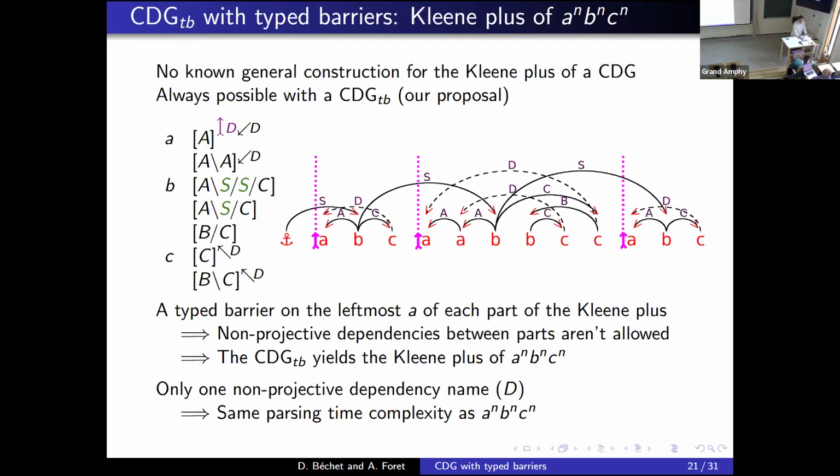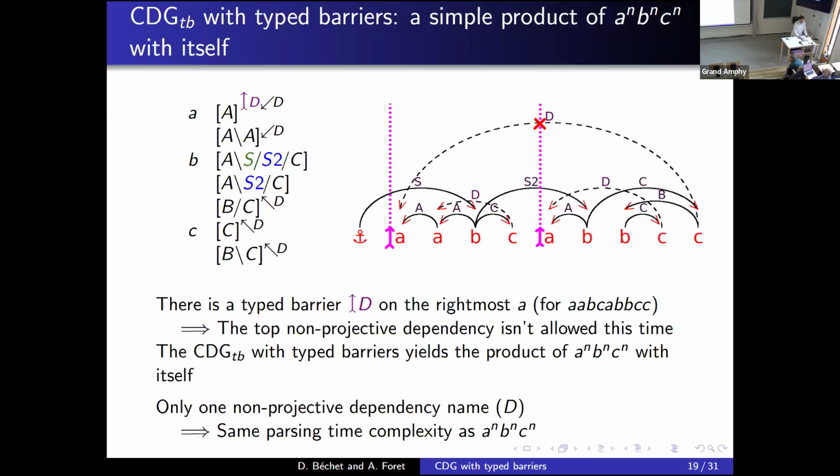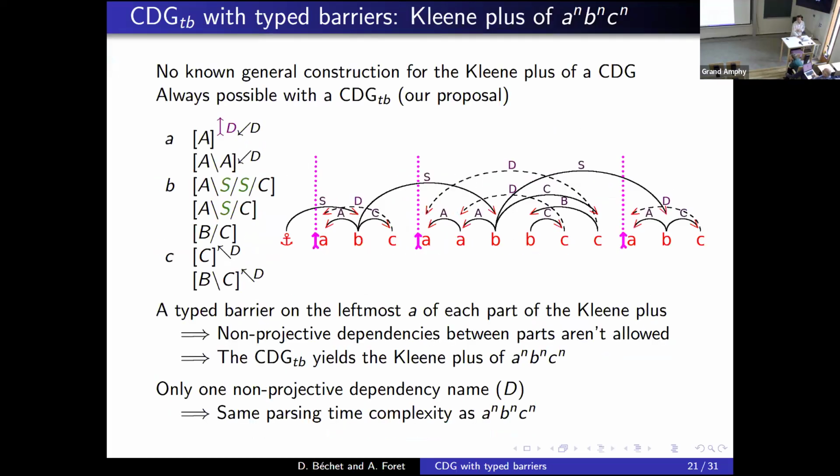You can see that this is the Kleene plus, and for the product we have S and S2. So it means that here we have only one element after the S, while here we have a certain number of applications of the grammar.